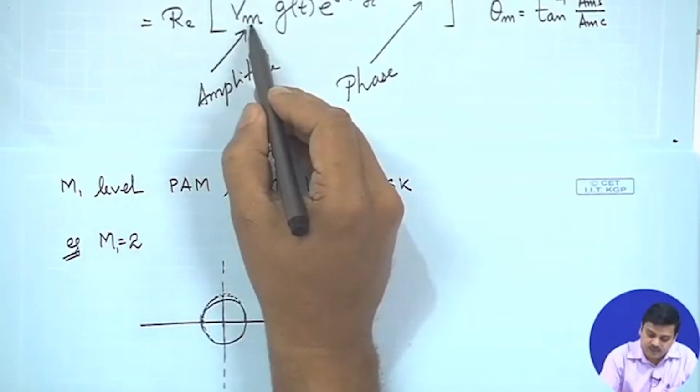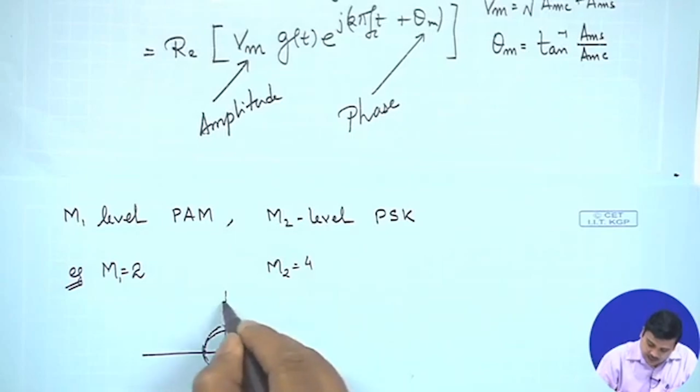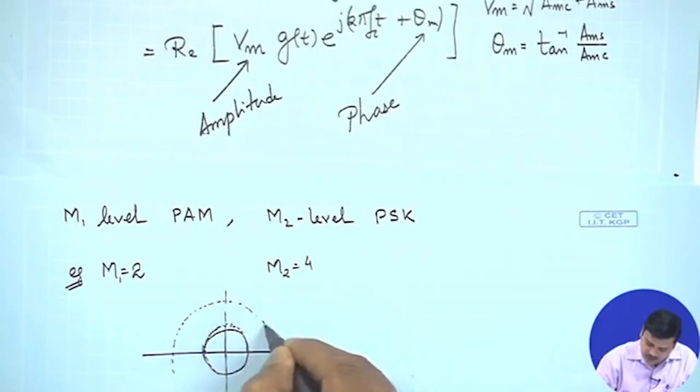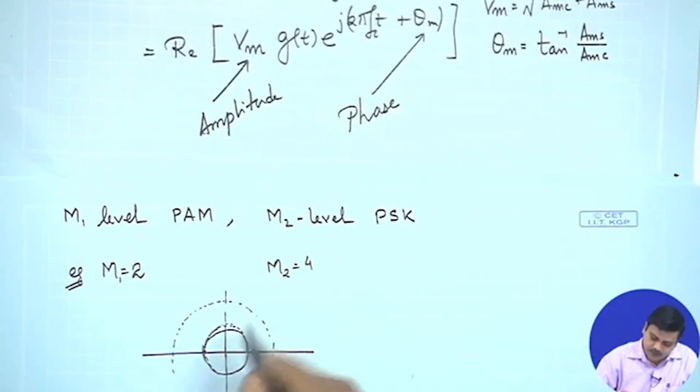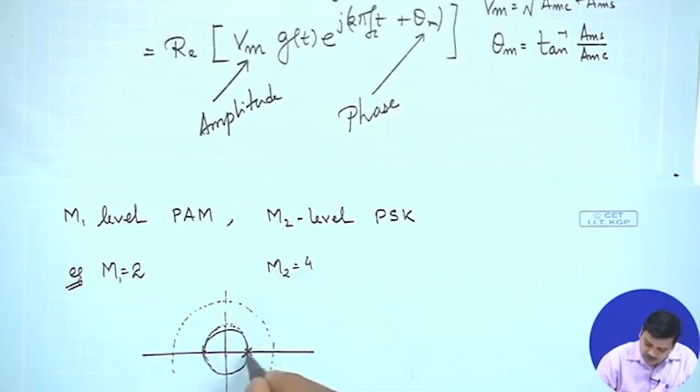So going by this, there is a certain radius, right, V_m, and there is another amplitude which covers another radius, right. And now we have four phases. So we have discussed four possible phases.